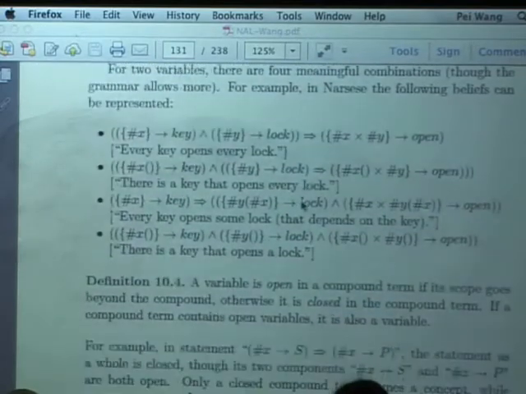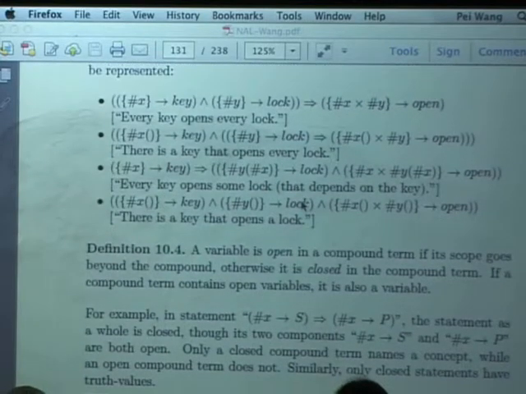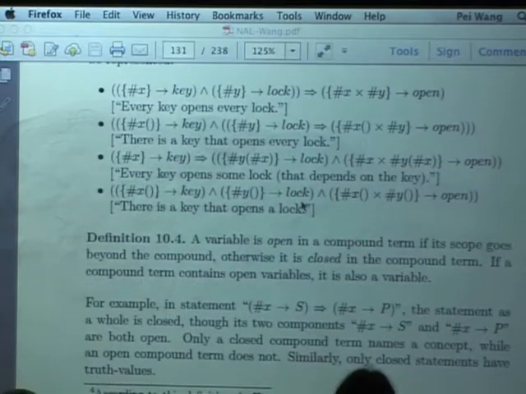Yeah, now things become complicated. You see that if you have more than one variable, they can also have different kinds of possible combinations. What if both of them are independent? If both of them are dependent, what if one depends on the other? What if one doesn't depend on the other?